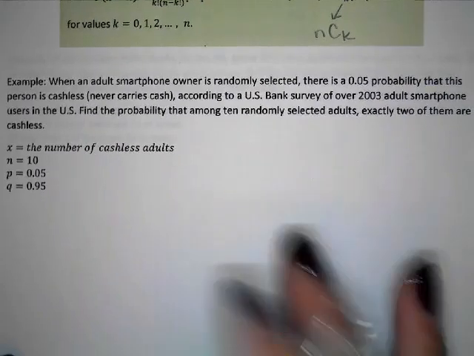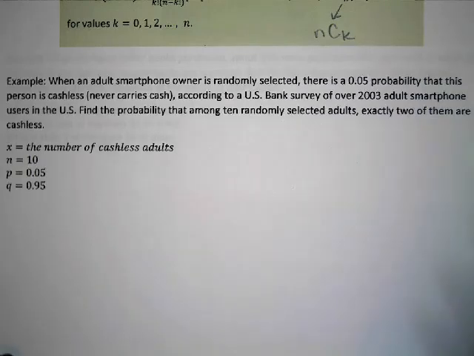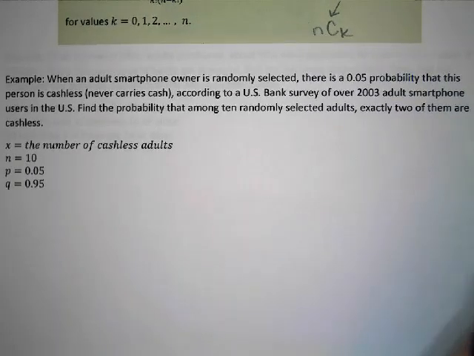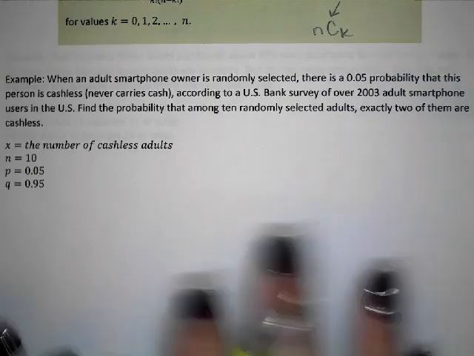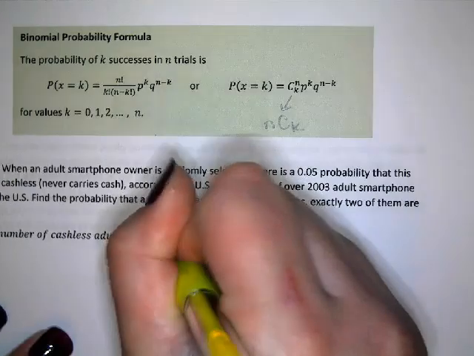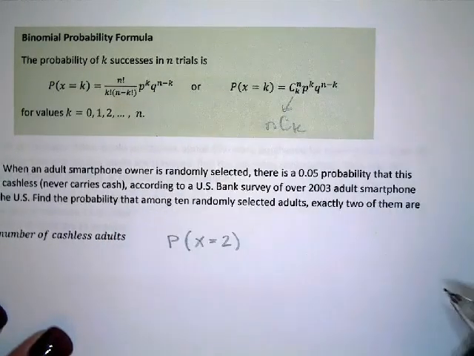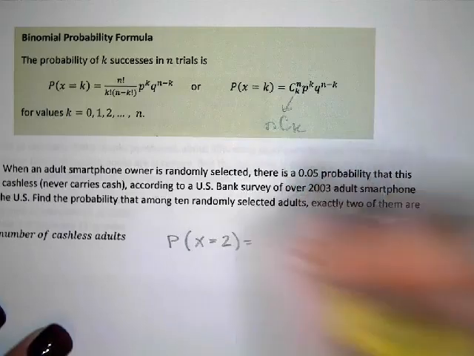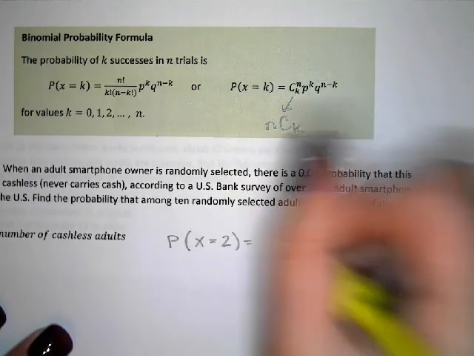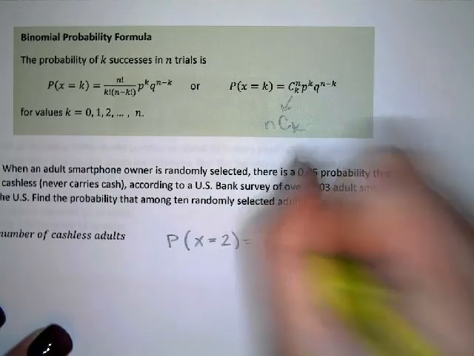All right, so we're actually going to go through and we're going to do that exact problem. Find the probability that among 10 randomly selected adults, exactly 2 of them are cashless. All right, so let's follow the formula. So it says the probability of exactly 2 cashless adults is, and then here they say out of N trials, 10 trials, exactly 2 cashless adults.